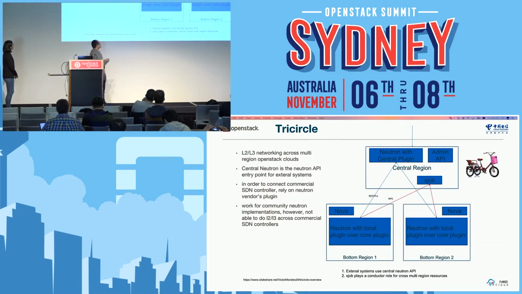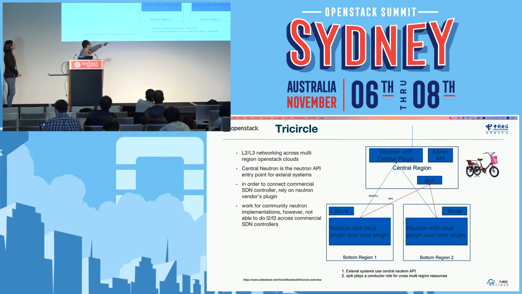In the Tricircle, this is the Tricircle's main concept diagram. At the top is the central region, and we will have some bottom regions. That is the true OpenStack to do the job. Okay, in the central region, there is just the Neutron plugin. There's no Nova, no Glance, no Cinder, just the Neutron here. And we will use the central plugin, Neutron central plugin. It is customized for Tricircle.